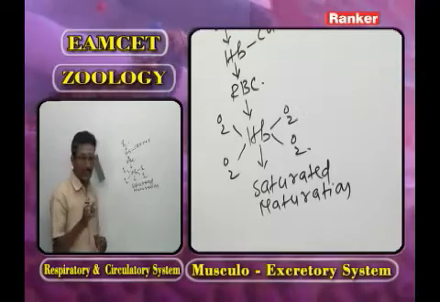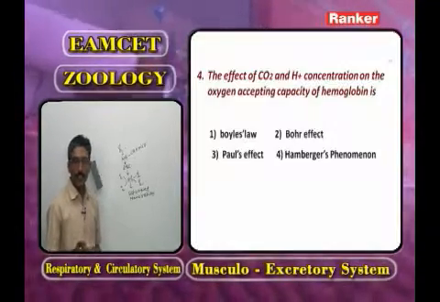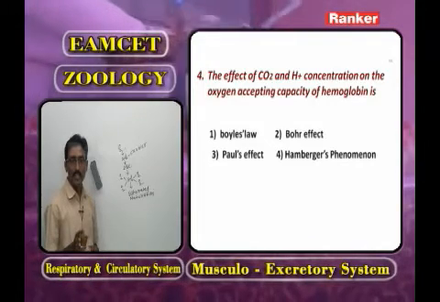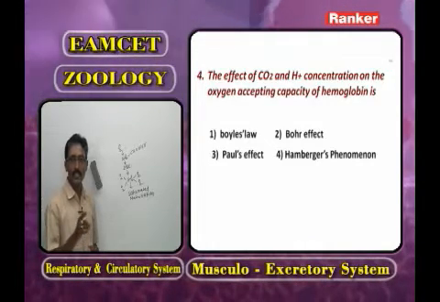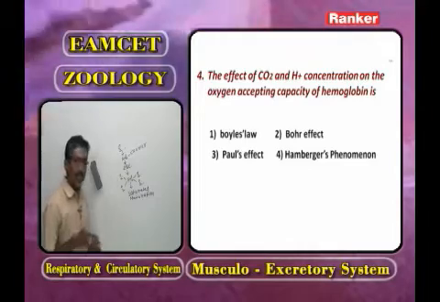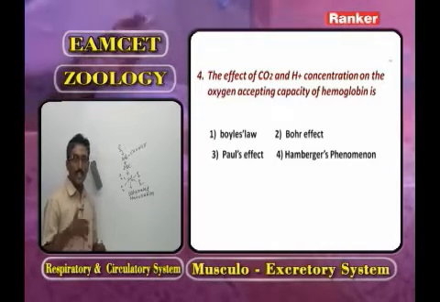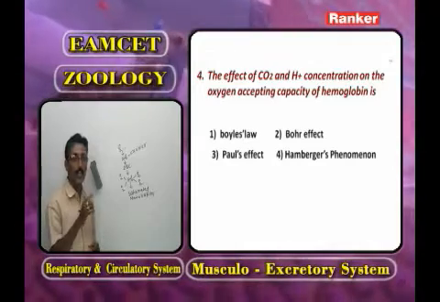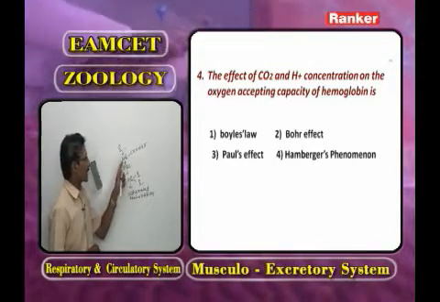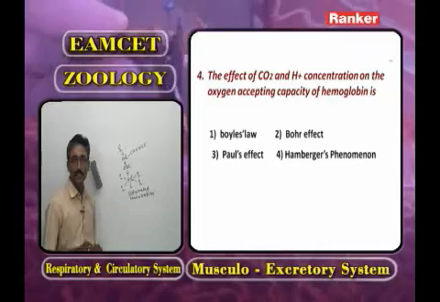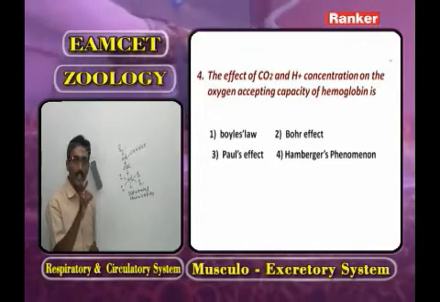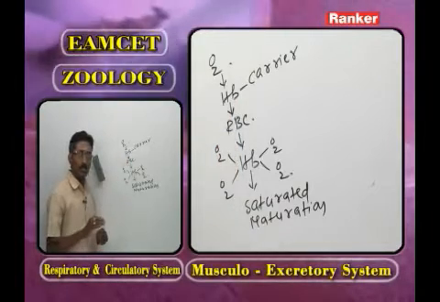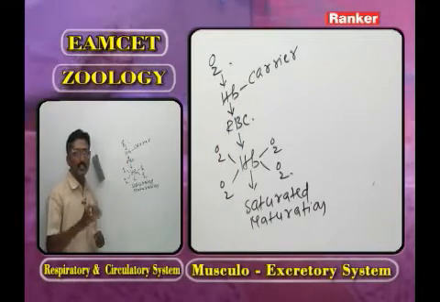Now, the question is the effect of carbon dioxide and H plus concentration on oxygen accepting capacity of hemoglobin. In our body, suppose more and more carbon dioxide is present, what is going to happen? You have to imagine. The carbon dioxide combines with the hemoglobin, so that the hemoglobin is unable to carry oxygen to each and every cell.